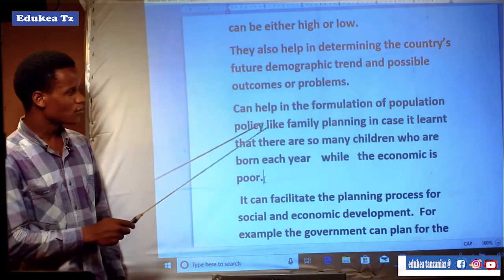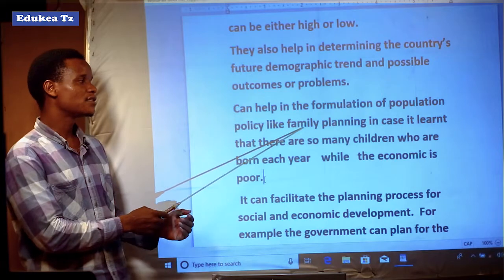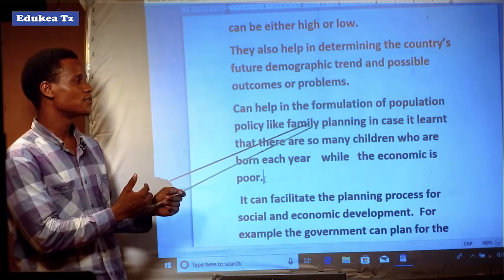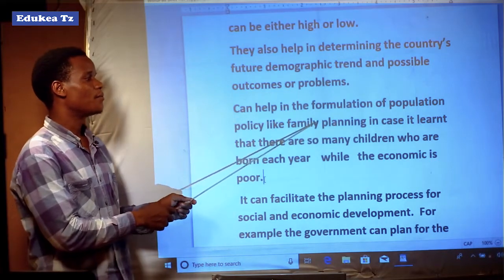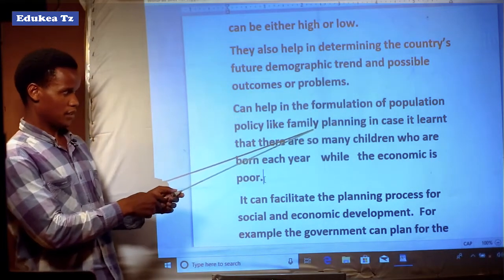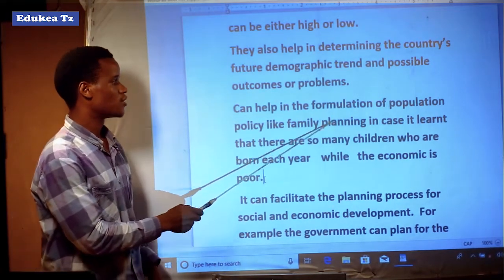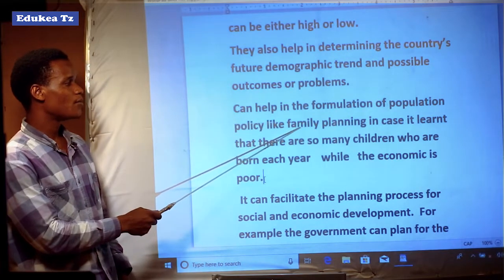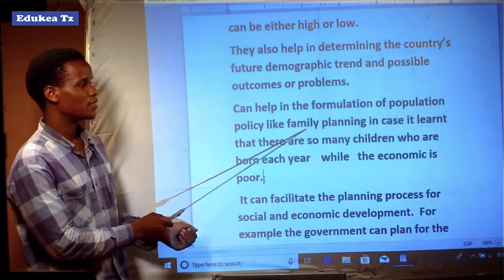Hence, planning the family within the country can play a great role in promoting development, since it helps the government to plan the budget for the development of our country. So through population structure, we are able to plan the family within our country.